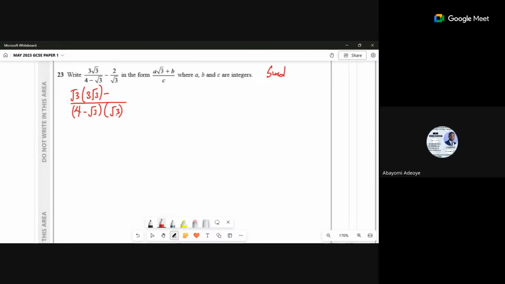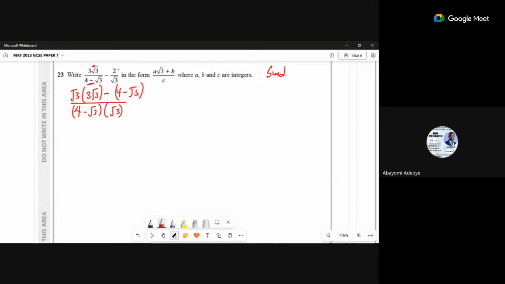Now if I divide this root 3 from the LCM, you'll be left with 4 root 3.